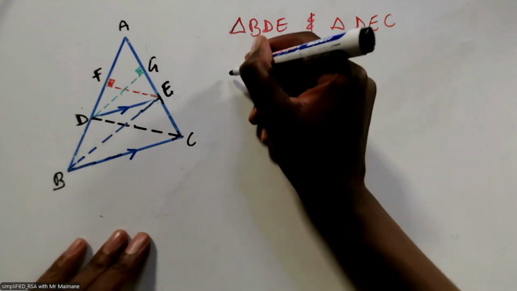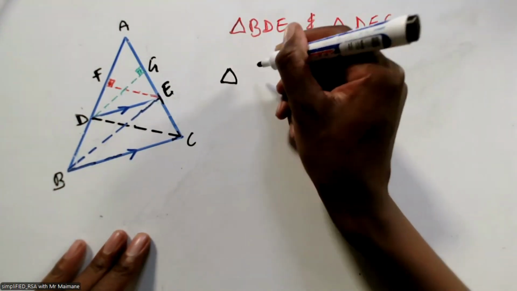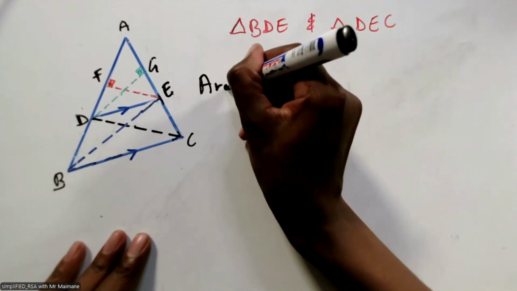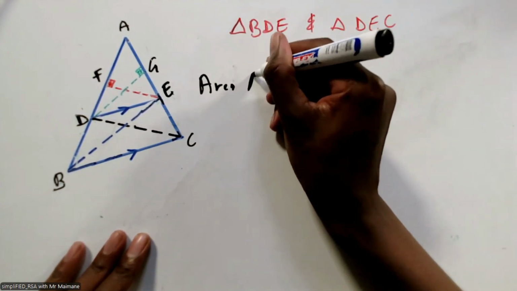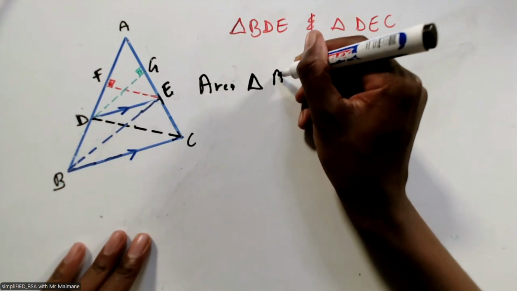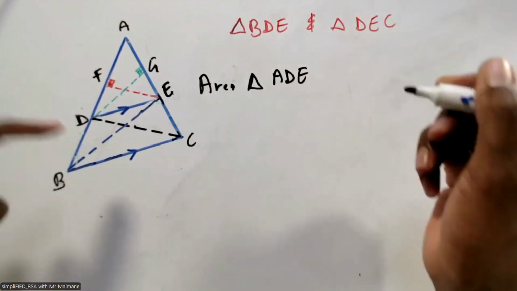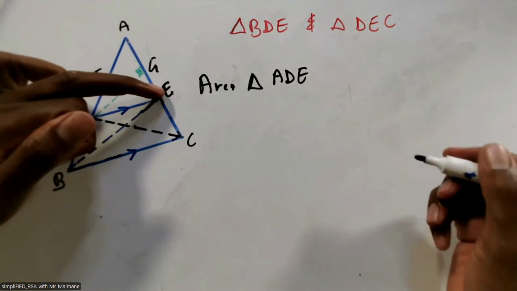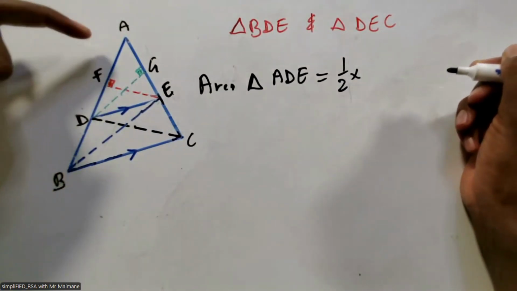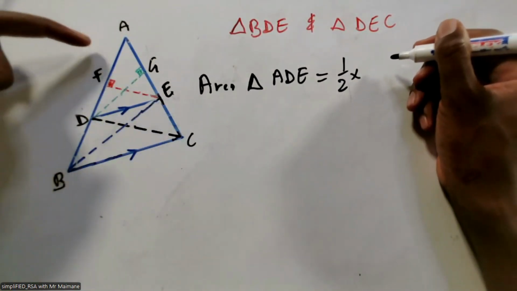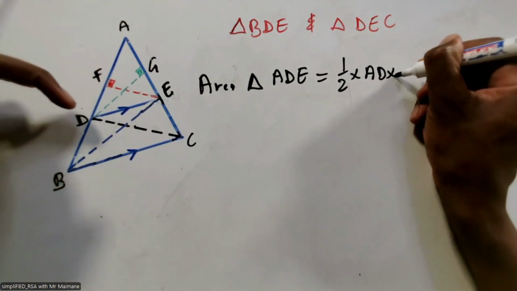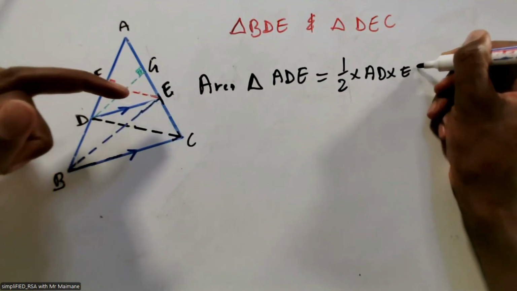So let me say the area of triangle ADE is equal to half times the base, the base is AD, times the height, EF.